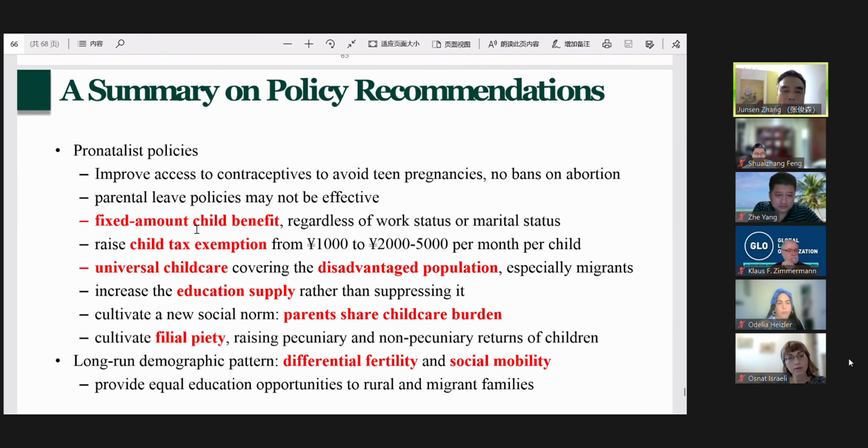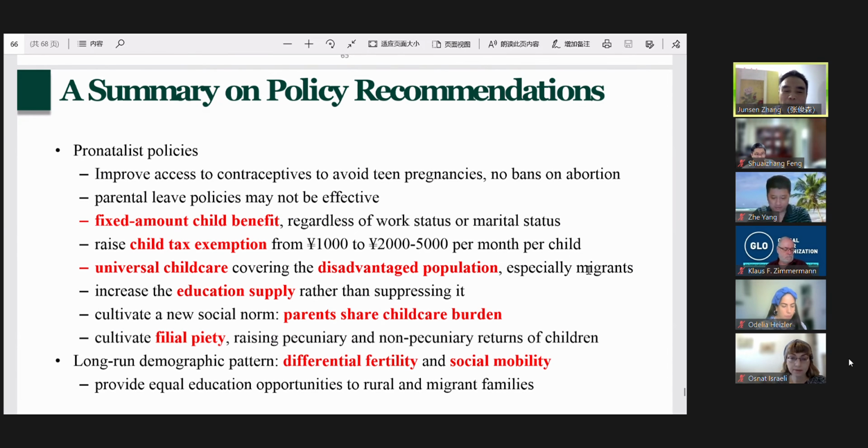We propose we should use a fixed amount child benefit, regardless of work status or marital status. And we also argue we should raise child tax exemption considerably. Right now it's too small in China. We should raise it to 2,000 to 5,000 per month per child. And very importantly, we should provide universal child care, covering the disadvantaged population, especially the migrants.